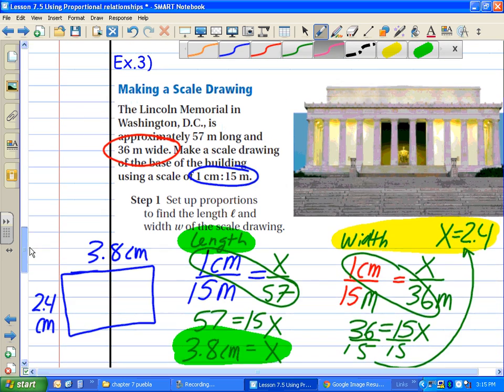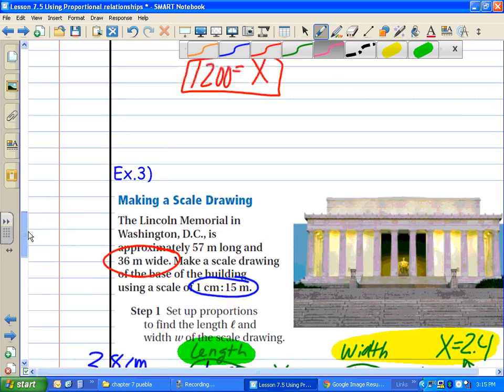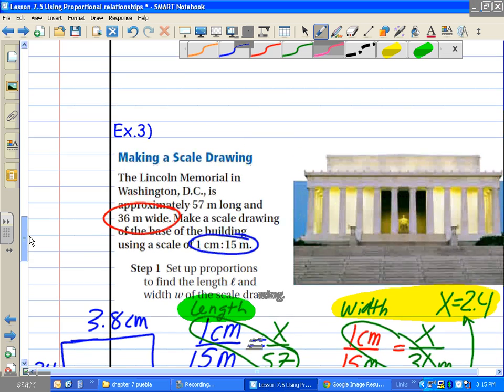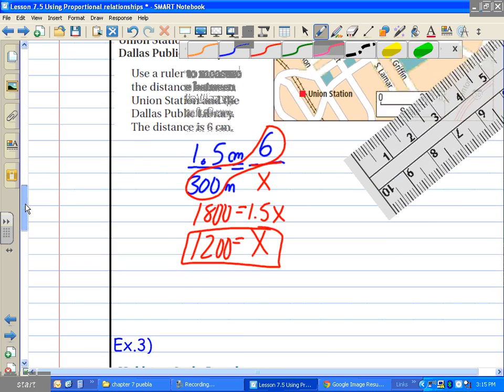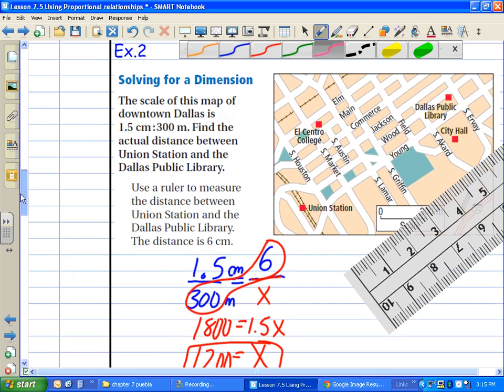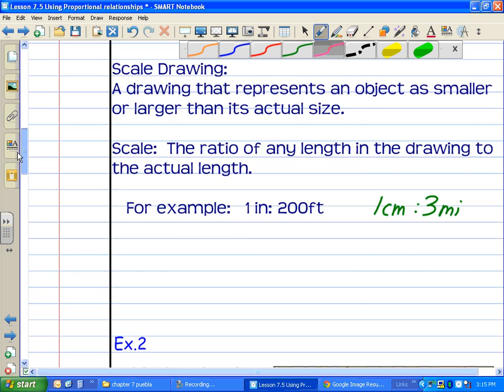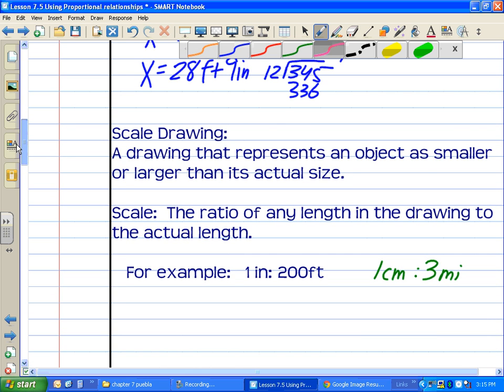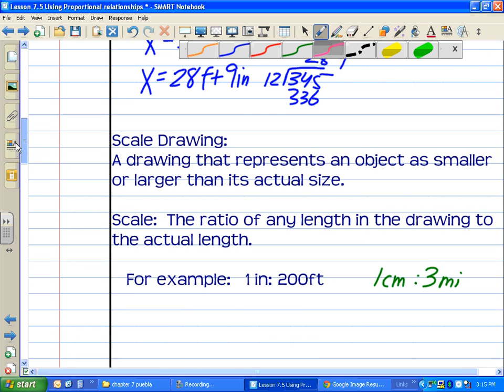That was a short lesson, but it all had to do with scales and using scales and proportions. Same stuff we've been doing in the entire chapter. It's a simple little setup, setting them up proportionally. And sometimes they require you to measure something with a ruler. You learned what the definition of a scale drawing was and what scale was.